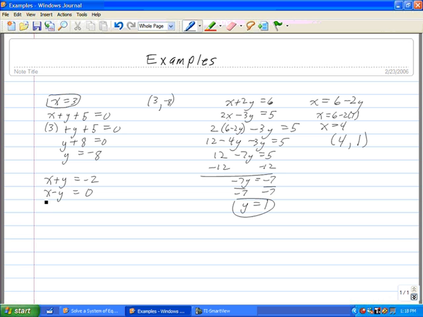Every single variable here has a coefficient of 1, so they would all be easy to solve for. I'll just take the first one, and that's going to give me x plus y equal -2 will give me, when I subtract off the y, x equaling -2 minus y.